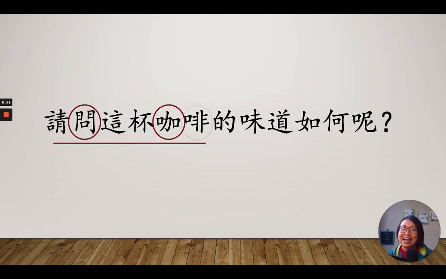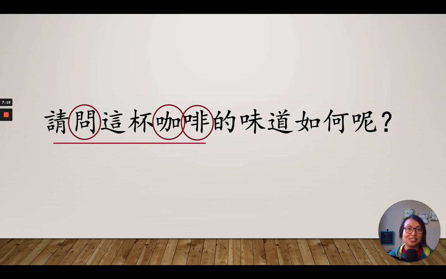The words 咖 and 啡, 咖啡, both have the 口 as a radical. Coffee, coffee. They are just using the sound of coffee and changing it into Chinese characters.